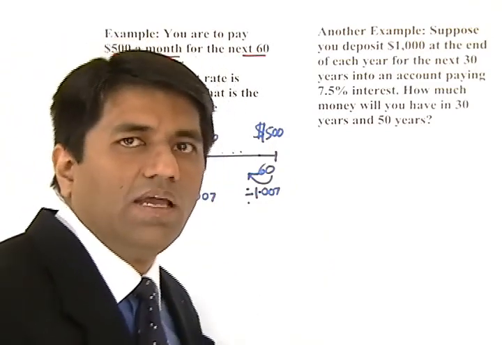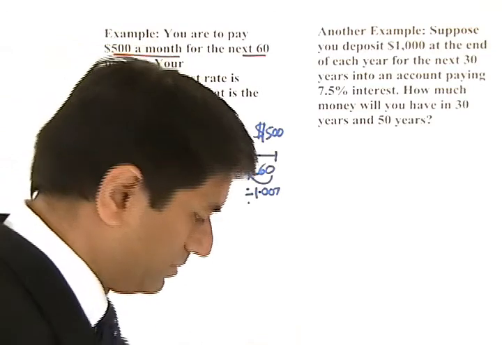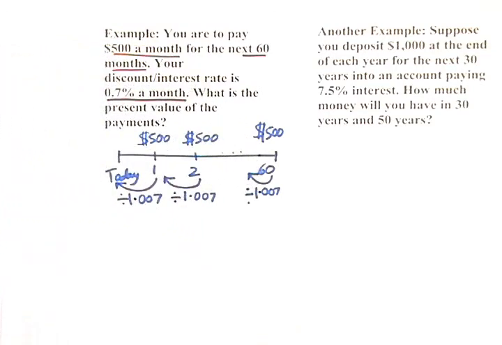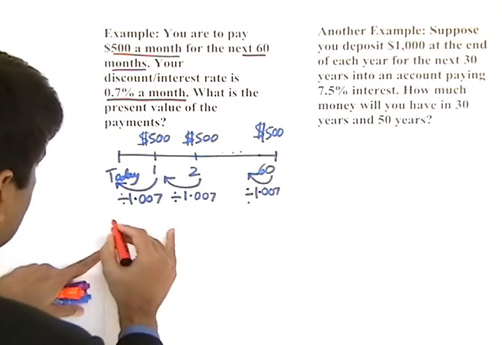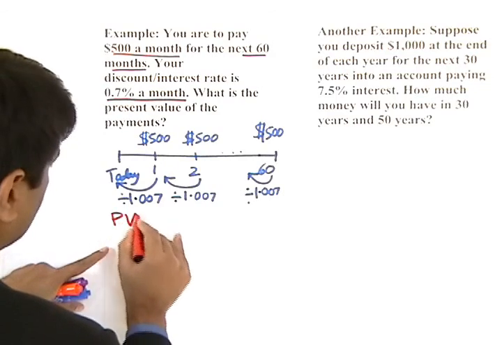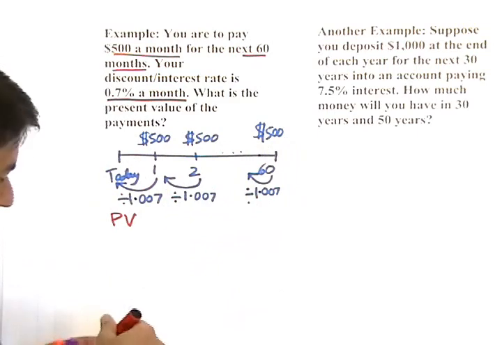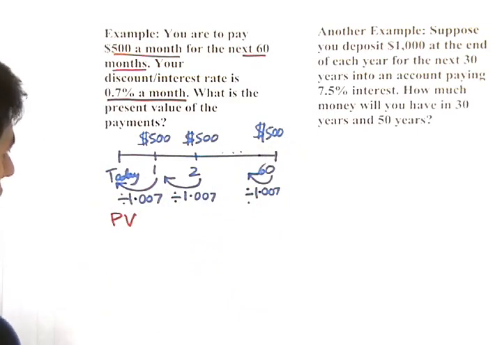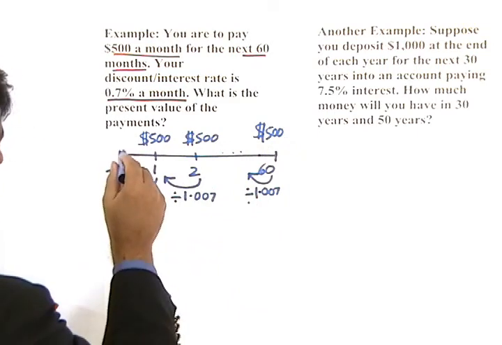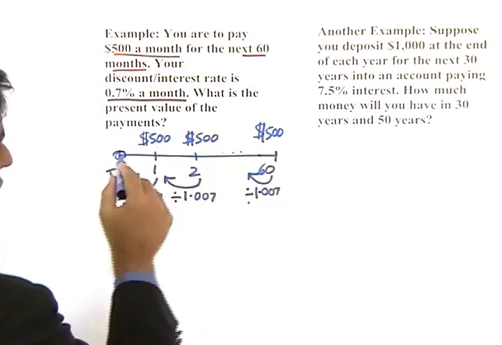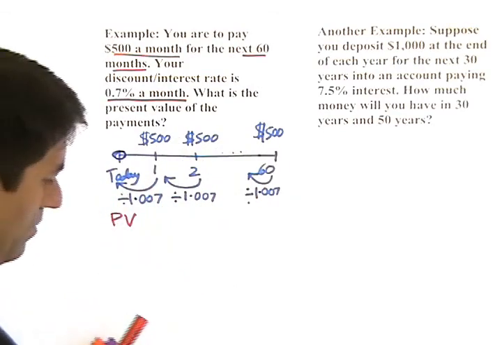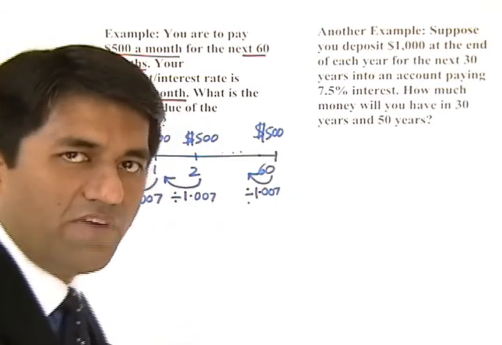So instead, we use the annuity formula. In the annuity formula, the present value is the value of all these cash flows brought back to today.